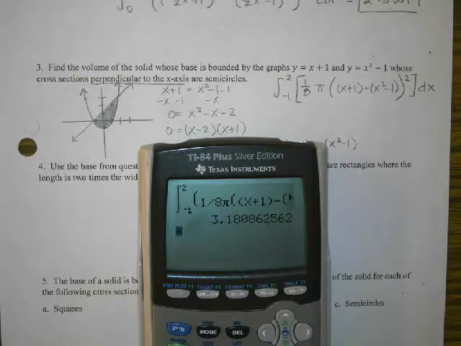Hey guys, why do I want you to type this in? I got 3.18. Yeah, the reason I want you to type these in is not just so that you can get the answer right, but also, do you have an unlimited amount of time to take a test in here?